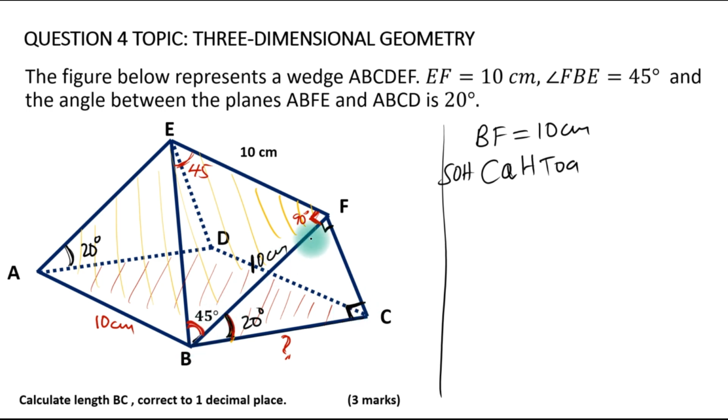So this BF becomes the hypotenuse and this becomes the adjacent. So we are going to use cosine of an angle, adjacent over hypotenuse. So cosine 20 degrees will be equal to adjacent, which is BC over BF.